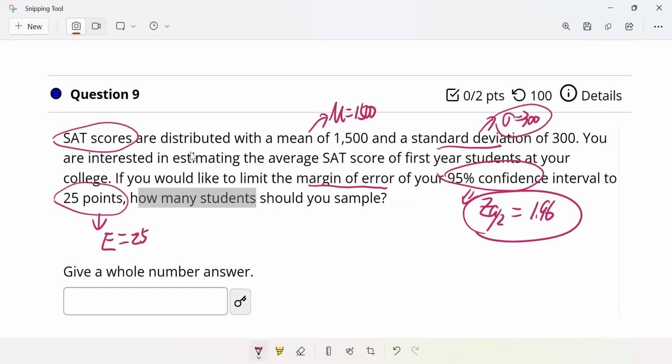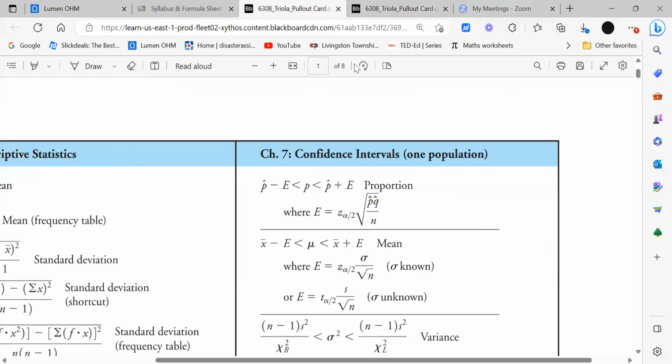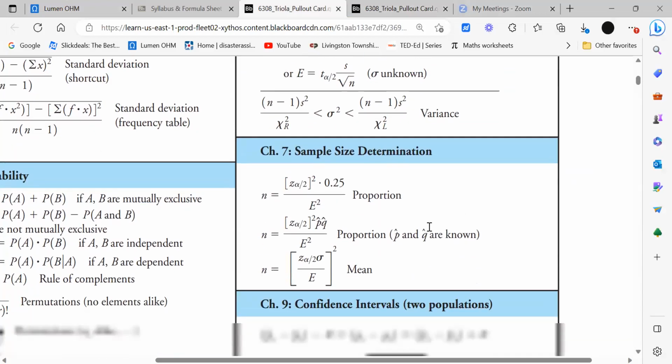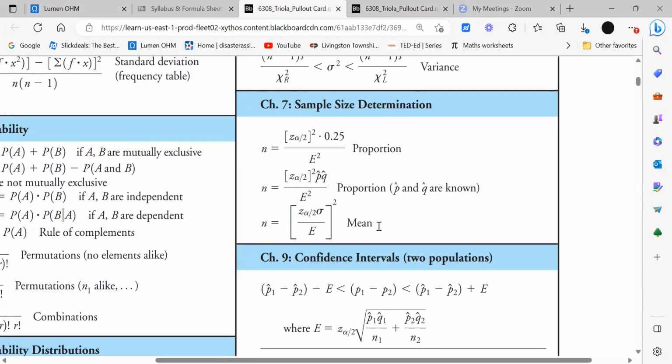Now we know this, we know the margin of error is 25, then we can find our sample size. Now one more time, we're going to go to the formula sheet, right? Find it. And we're going to use this one because it's about a mean. So the formula we are using is the third formula: critical z-score times population standard deviation over margin of error, and we square that afterwards.